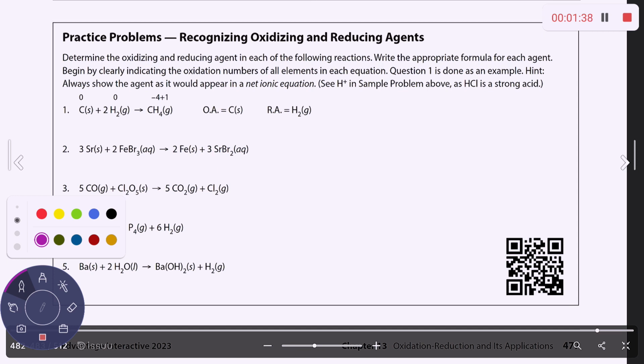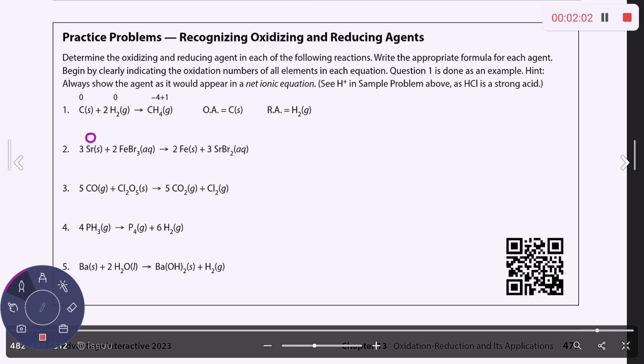Okay, number 2. What did you guys put for strontium's oxidation number? This one right here. It's elemental form. So it would be what? 0. And then for the next one, iron does not have an assigned charge, so you want to assign bromine first.